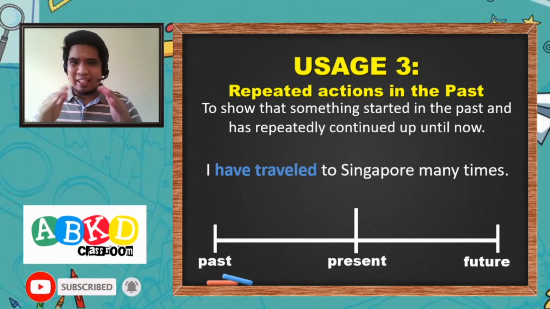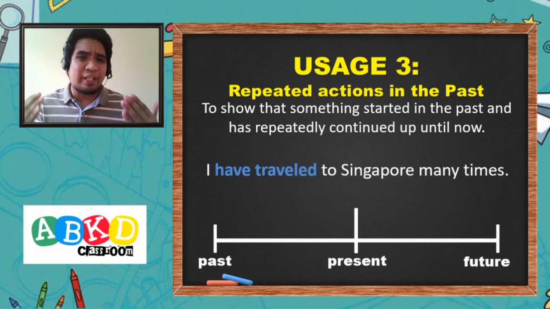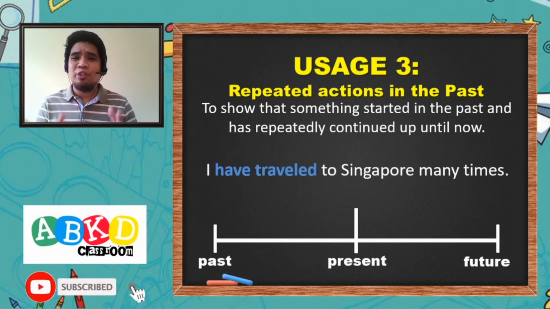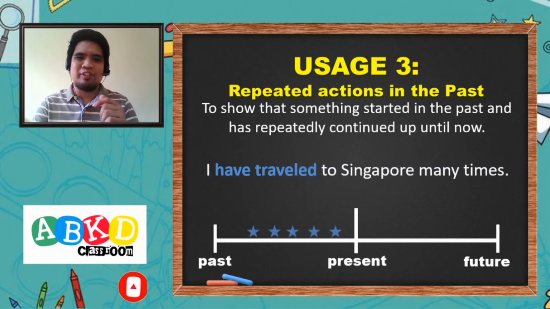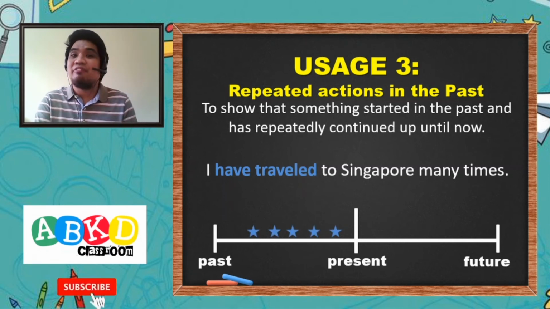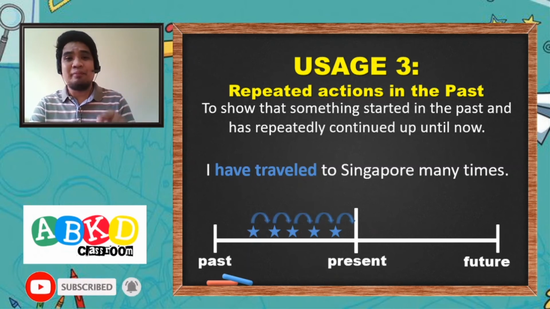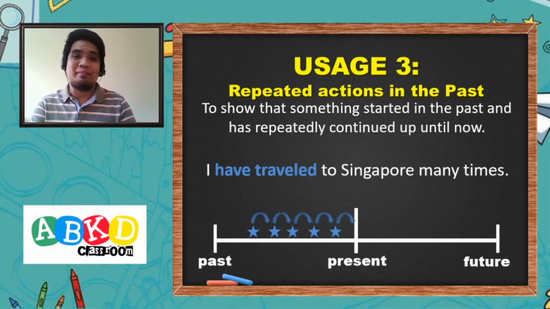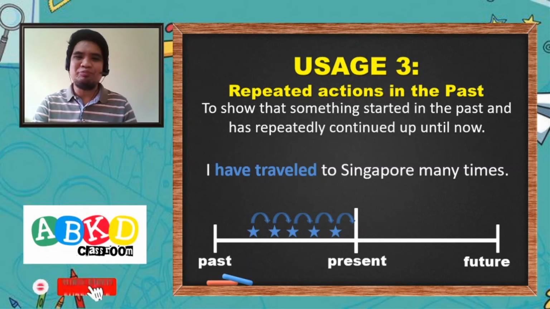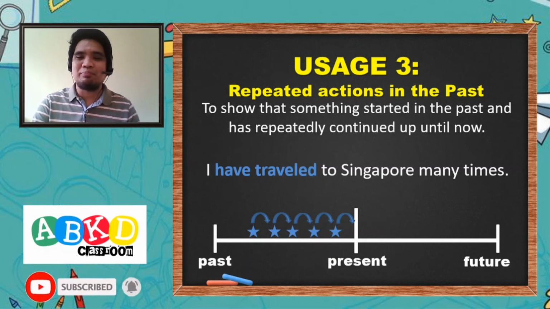Again, unspecific, hindi mo alam kung kailan, pero ang sigurado, you did that action many times. So if we're going to plot that, siguro sabihin natin, 5 times ko na nakapunta sa Singapore and that action is repeatedly done in the past. Okay? So, doon natin gagamitin si present perfect tense.